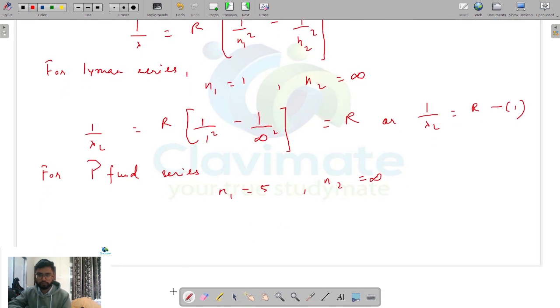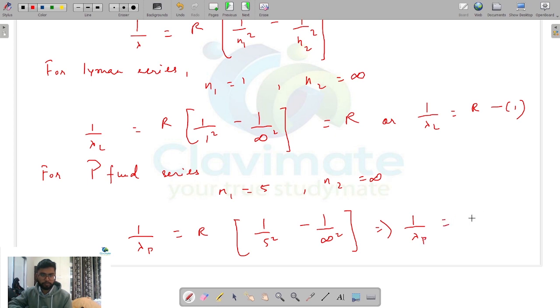So we have 1 by lambda P is equal to R times (1 by 5 square minus 1 by infinity square), which will give us 1 by lambda P is equal to R by 25. So let's keep it as equation number 2.